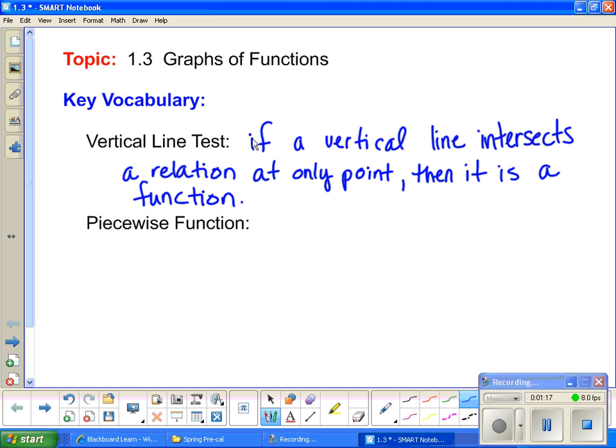We'll look at this in a couple minutes, how we use the vertical line test.